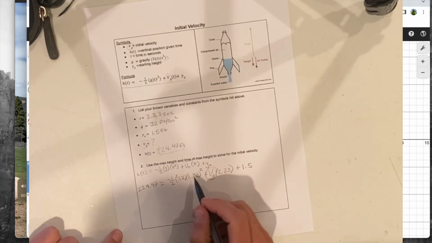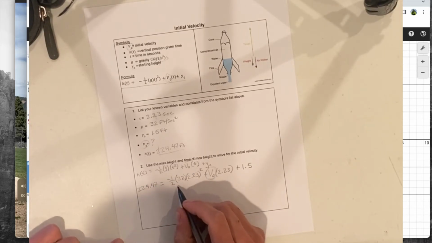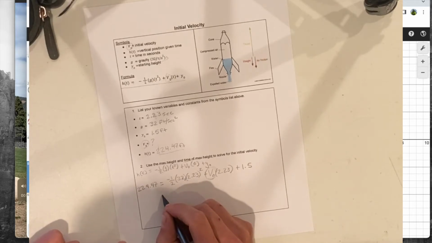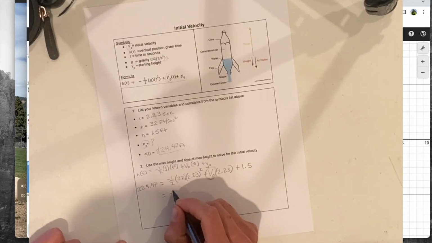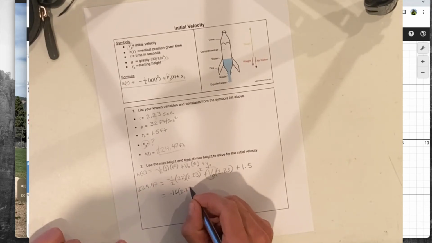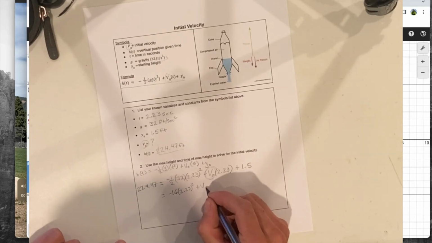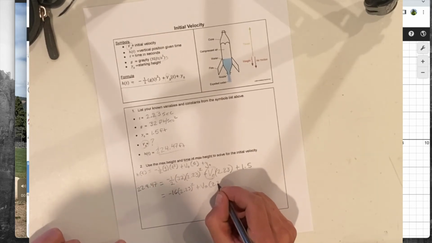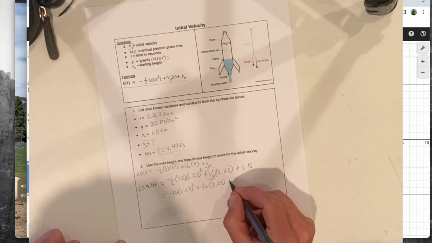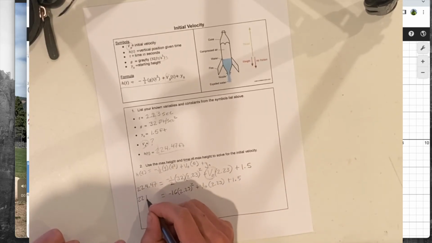So I'm going to start here. Half of 32 is 16, and then we have a negative sign. So this is the same thing as negative 16 times 2.23 squared plus v naught times 2.23 plus 1.5. And this is still 224.47.